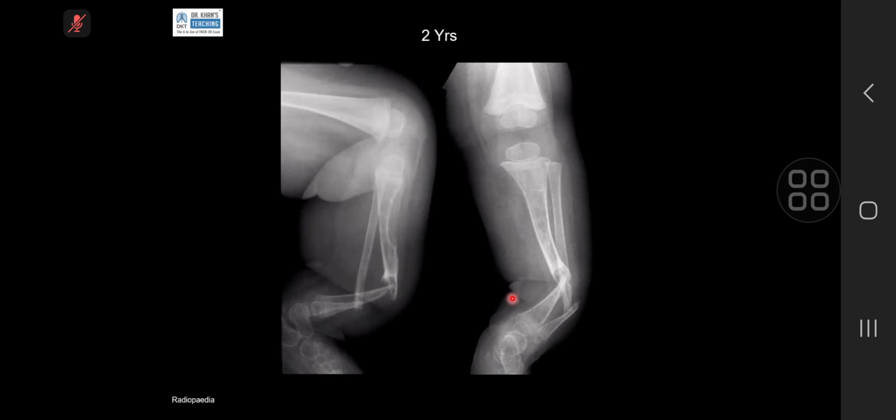It has dysplastic bones. The cortex is thin, there might be hypertubulation, and then there can be fractures, and the edges become very pointed, and there can be pseudoarthrosis like this. So the basic pathology is bony dysplasia.